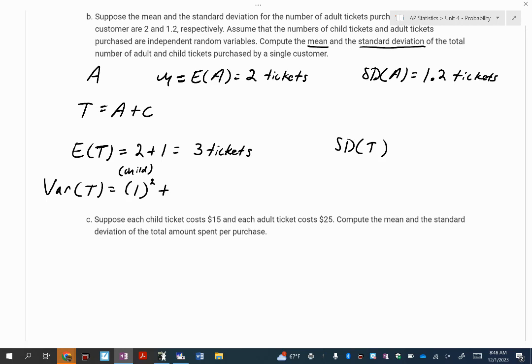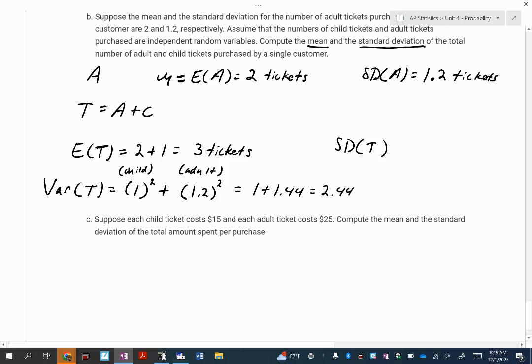So 1.2 squared, and this is for the adults. 1 squared is 1. Do you know what 1.2 squared is? Nice, 1.44. If you add that together, you get 2.44.